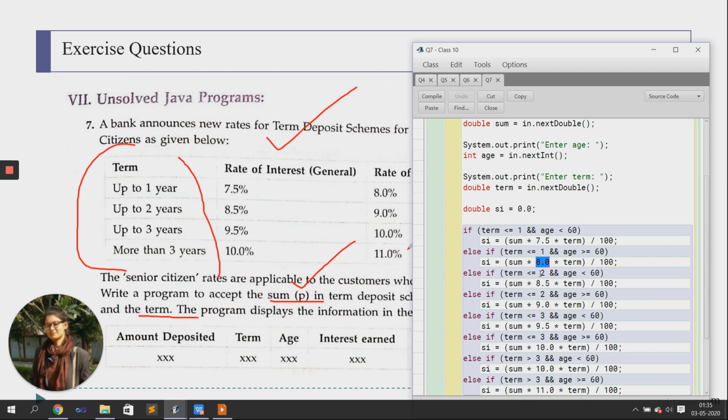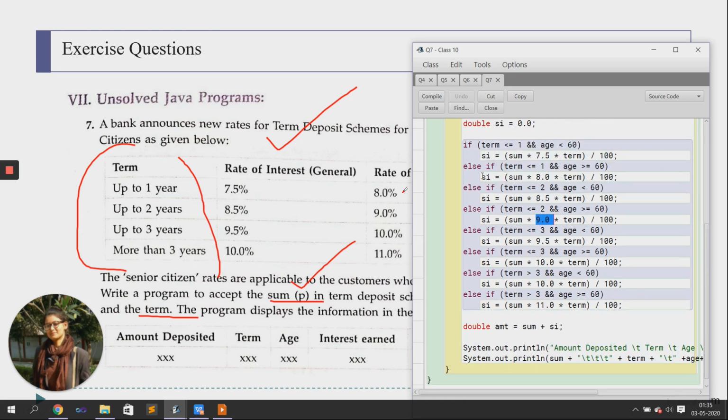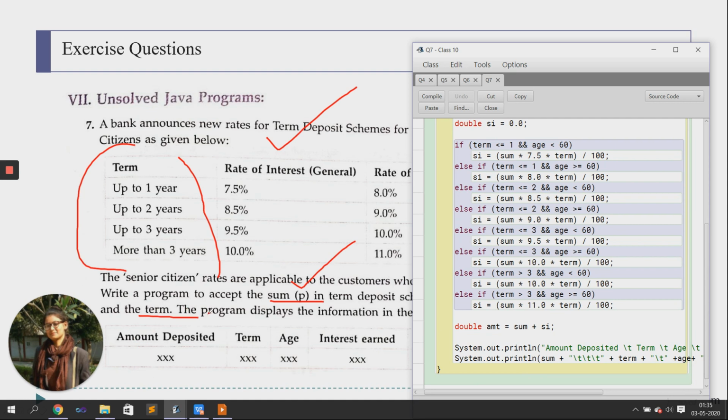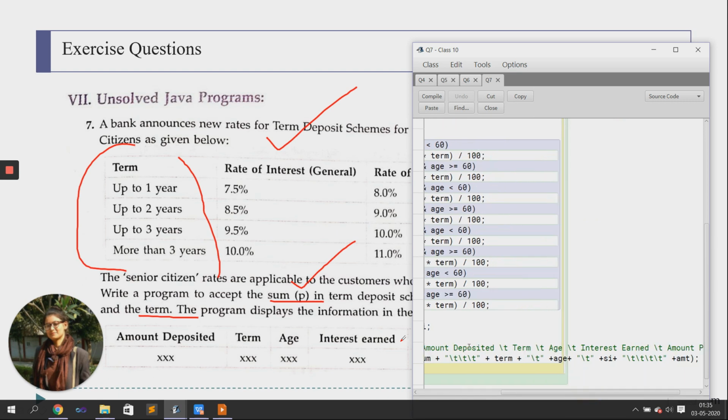If it is less than or equal to that, then apply the first rate and calculate it in the same way, plus simple interest.